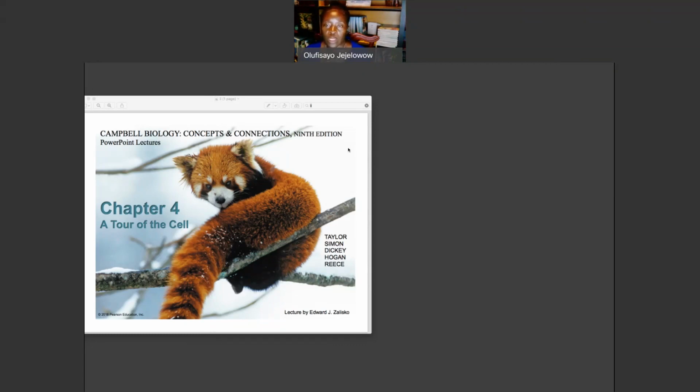So cell walls enclose and support plant cells. A plant cell, not animal cells, has a rigid cell wall that protects it and provides skeletal support. It doesn't have the bony skeleton like animals, but it's able to stand upright and erect because of the rigid cell wall.